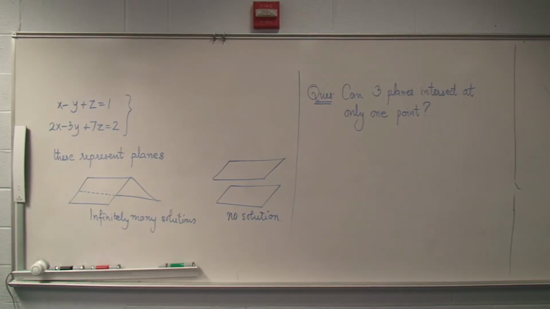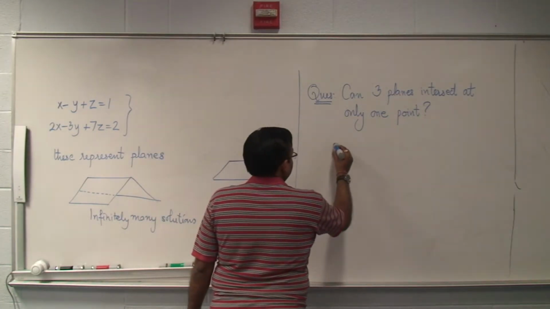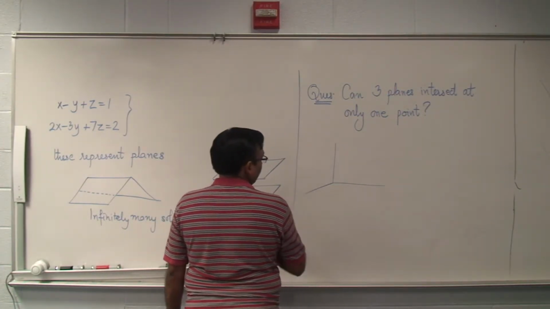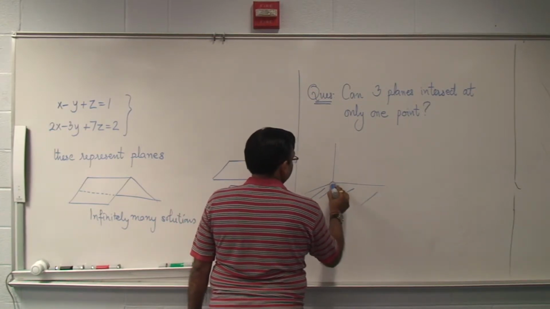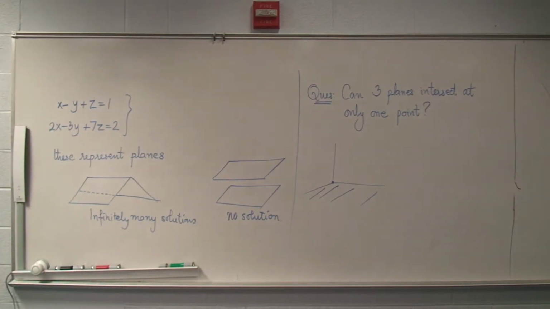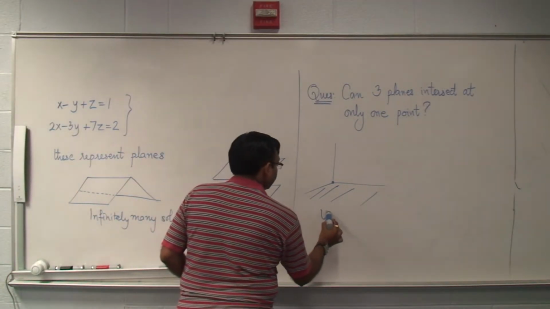If you look around yourself, look at the corner of that room. There are 3 planes meeting at a point. If you look at this as a wall, this as another wall, and this as your floor, then these are 3 planes which are intersecting and meeting at a point. So definitely 3 planes can intersect at only one point, and this would be a situation of having a unique solution.